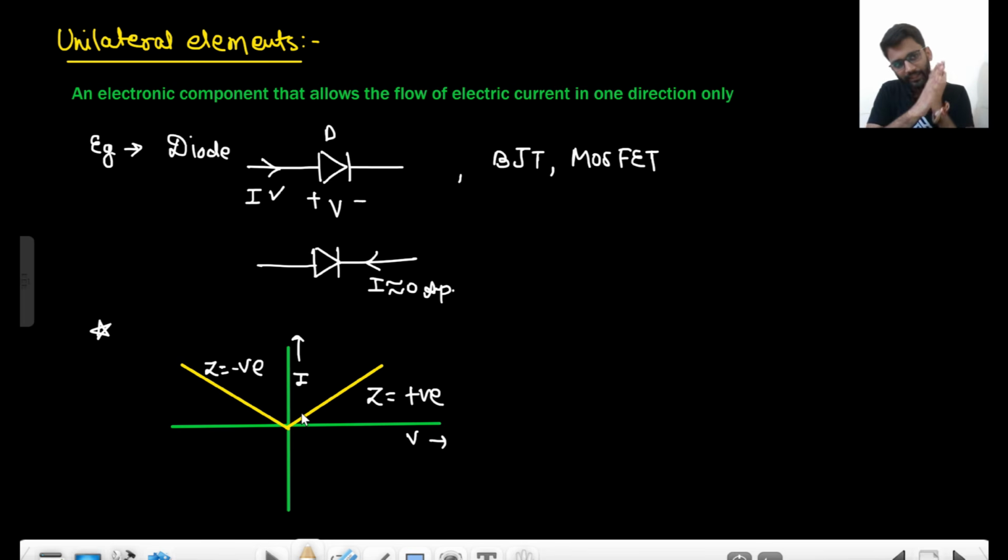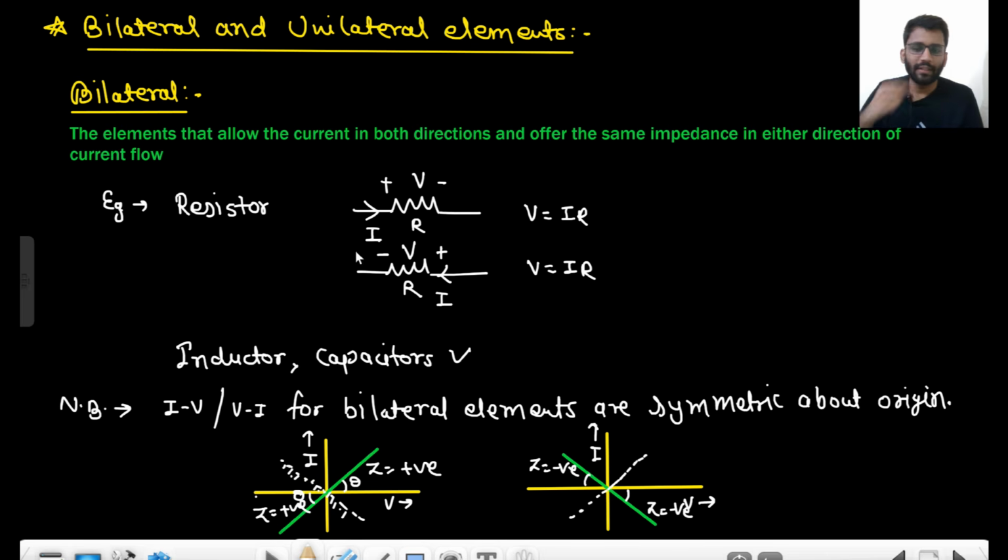If V increases in the negative direction, the current should increase in the negative direction; only then will it be called a bilateral element. In the definition of a bilateral element, the current flows in both directions but offers the same impedance in either direction. The value of impedance should be the same, the slope should be the same.